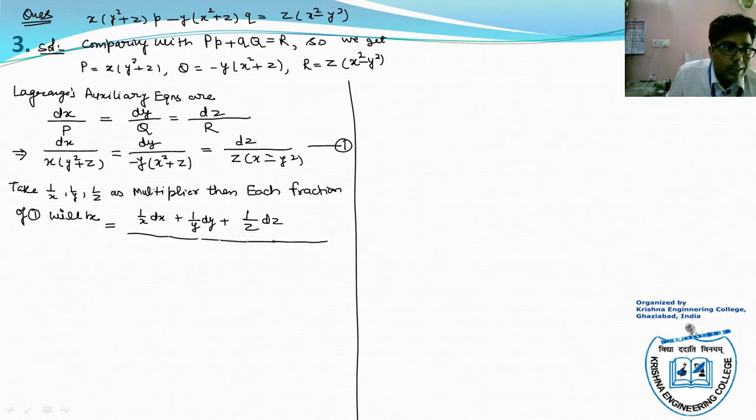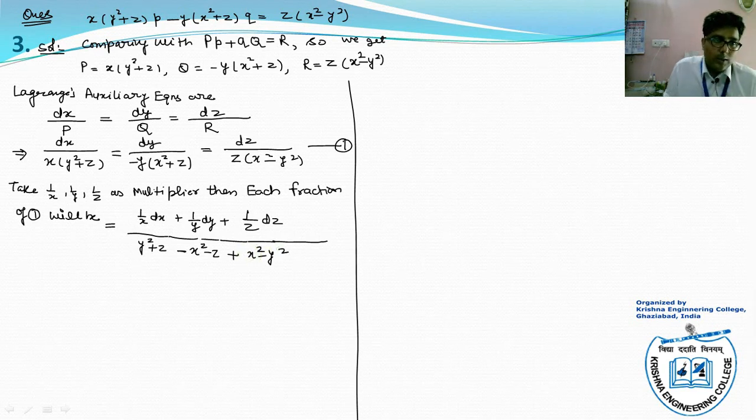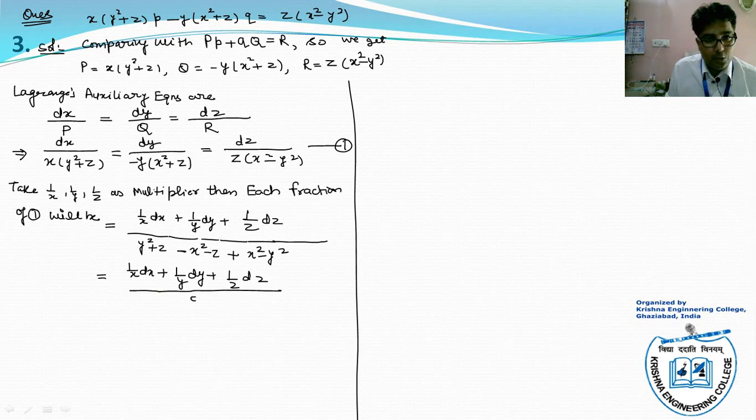Then 1 upon x times x(y square plus z) becomes y square plus z, minus 1 upon y times y(x square plus z) becomes minus x square minus z, and plus 1 upon z multiplied with z(x square minus y square) becomes x square minus y square. So we get 1 upon x dx plus 1 upon y dy plus 1 upon z dz upon 0. Clear?